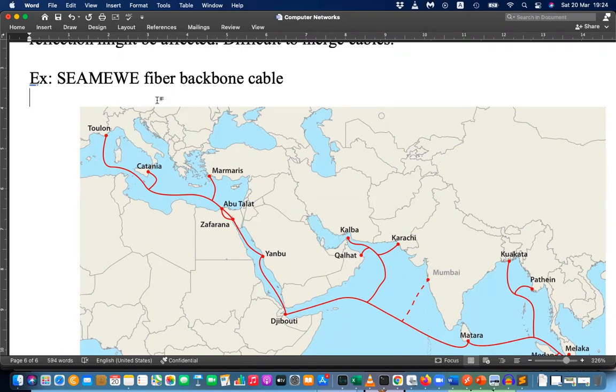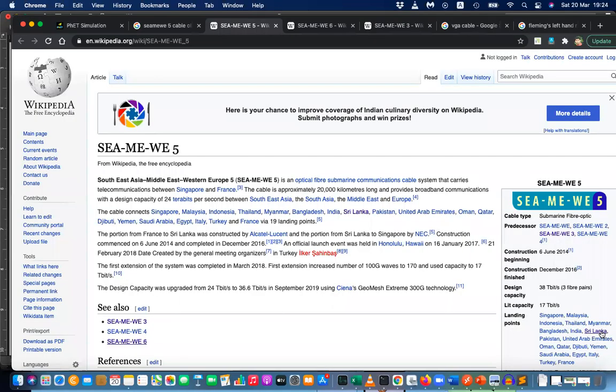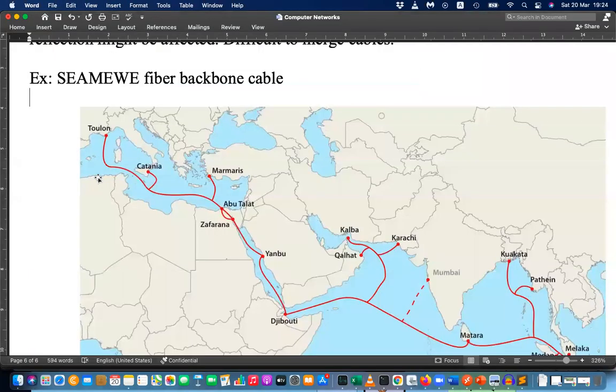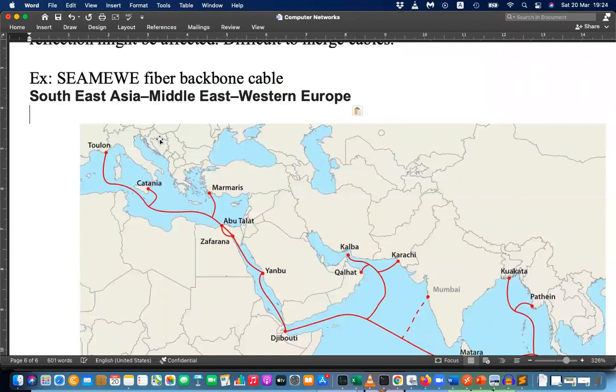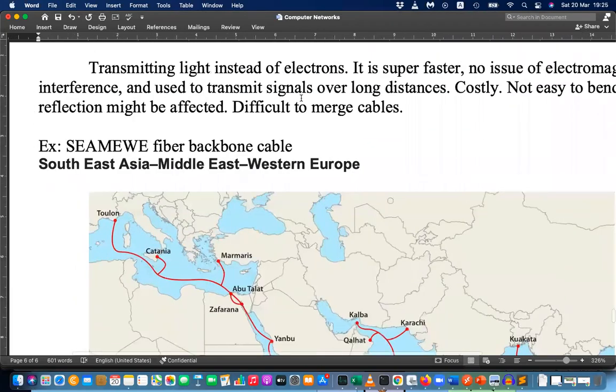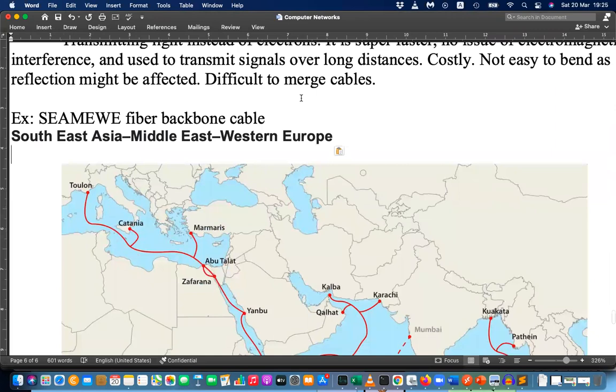Right? Western Europe, Middle East, and Southeast Asia. So those are the areas connected to this cable. There are many cables, right? But this is the connection of CMEV.